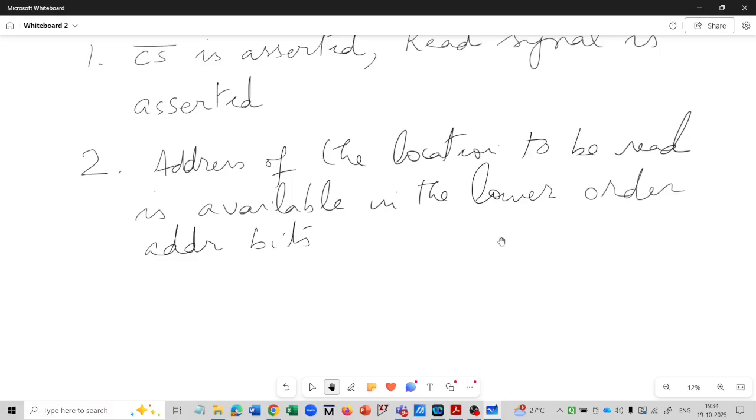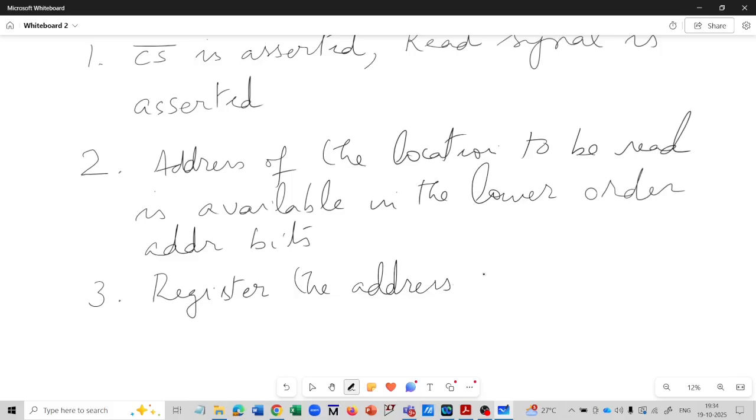In this case, of course, we are supporting only the read access. So the address of the location to be read is available in the lower order address bits. And as the interface controller, what is it supposed to do? The interface controller is supposed to register this address, or capture the address to the internal address register.